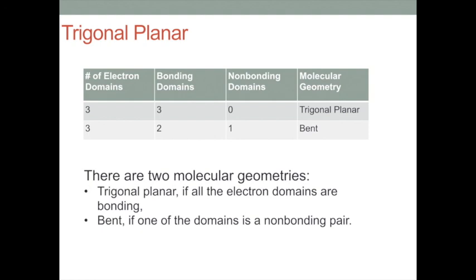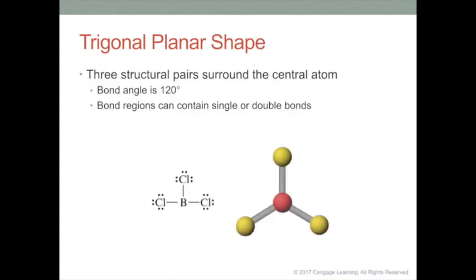Okay, then we have trigonal planar. There are 2 molecular geometries in trigonal planar. The first one is trigonal planar, so remember, if I have only bonding domains, it's going to have the same name as the electron pair geometry. So for trigonal planar, we have 3 bonding domains, 0 non-bonding. BCl3 is an example of that.